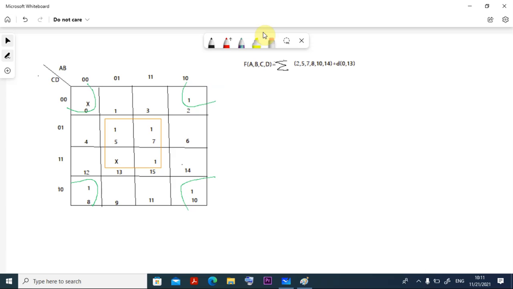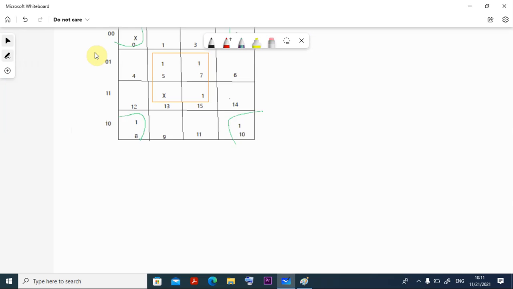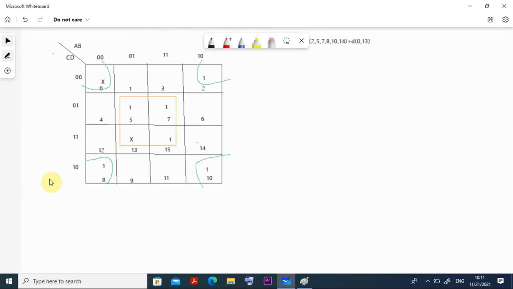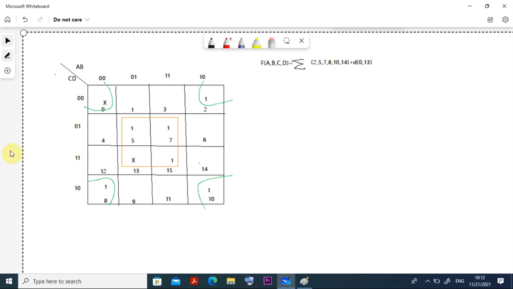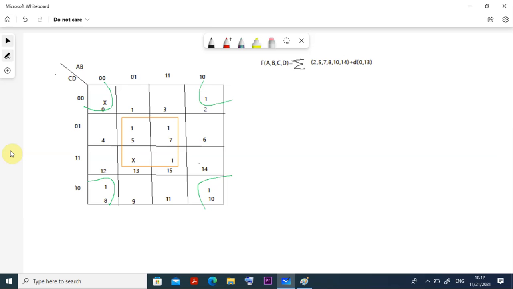If you observe here on the screen, just to select one color, yeah, we are selecting this color.